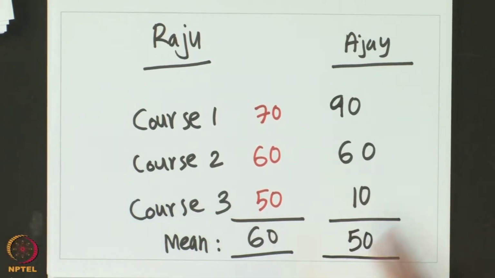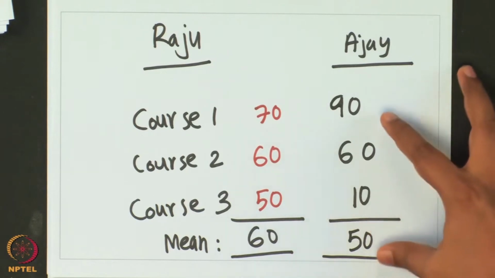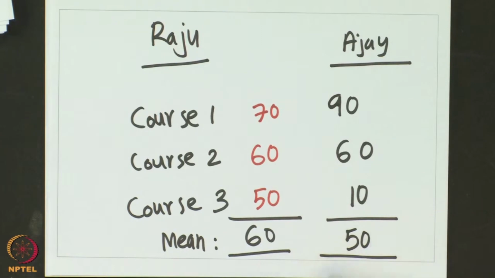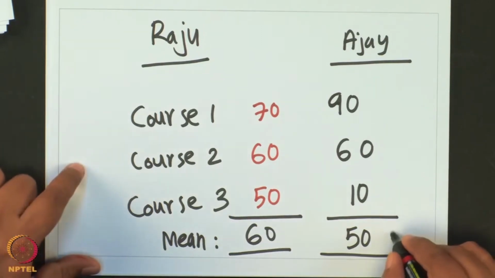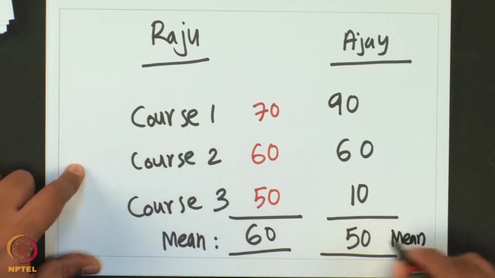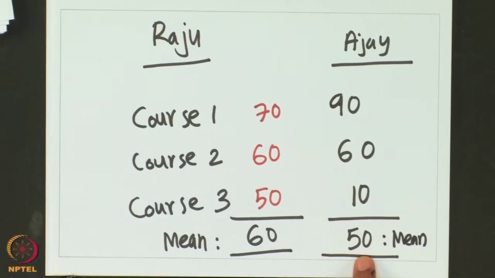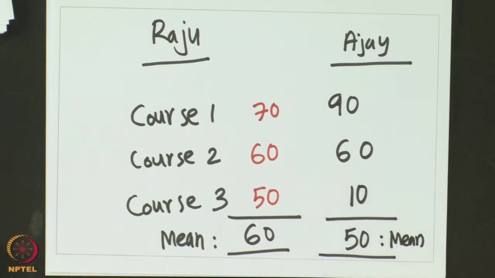So if Ajay says I got 50% marks on an average in 3 courses, and I just convey only the mean, which is 50, the person who listens would think that okay, he did reasonably well, he got 50% marks.